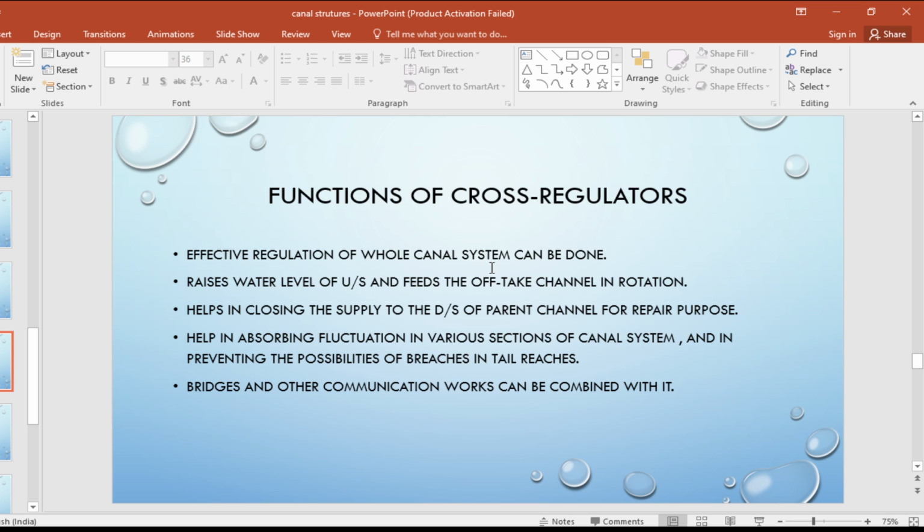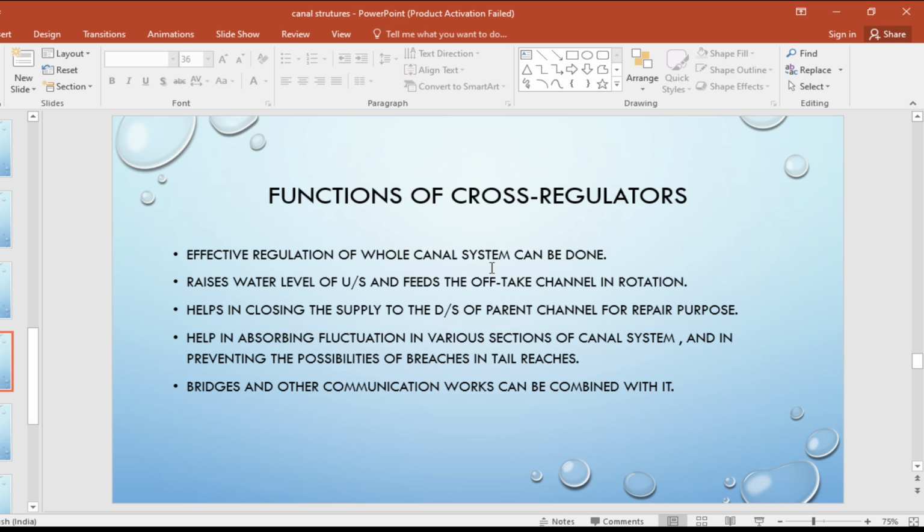The breach I have explained: breach is nothing but the shortcut which finally forms a long run cut through which water can percolate or seep out. So this cross regulator will help in preventing the possibility of breaches in the tail reaches.